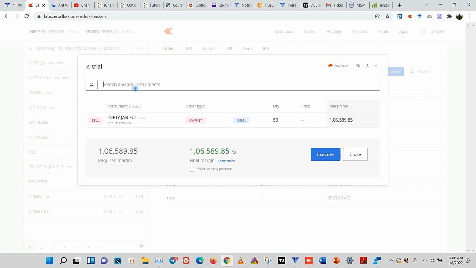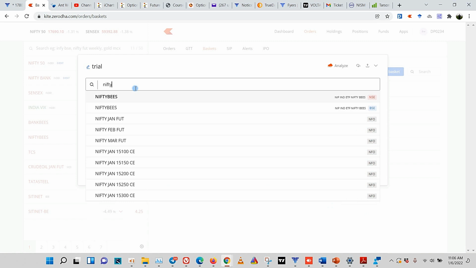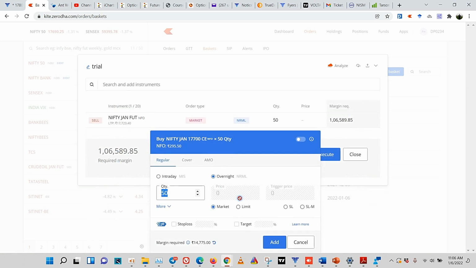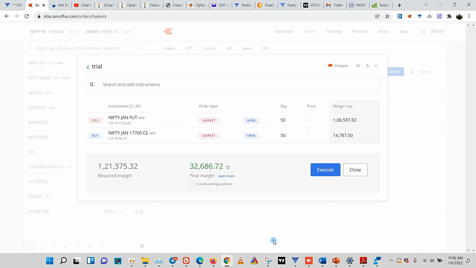We are short in future, so we are going long in call. 17,700 monthly call buy. Here margin requirement is just 32,000. So if we short one future lot and buy one call, then margin requirement is just 32,000.